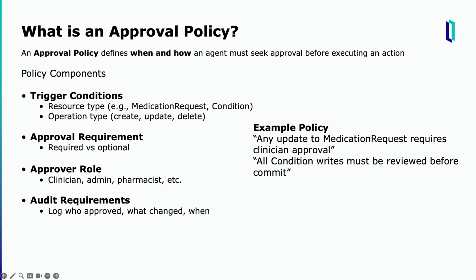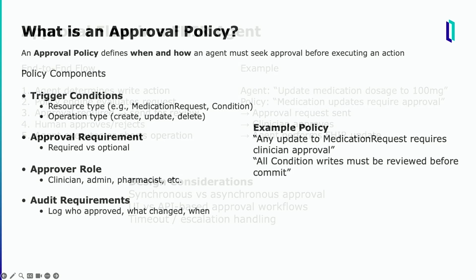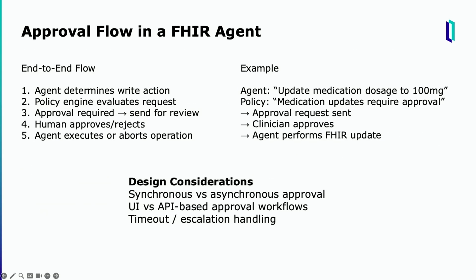So this is the governance layer that is separate from the model itself, because it is a safe architectural pattern. So this is full human in the loop. The agent proposes a write, the policy layer evaluates it, a request for approval is generated if needed, and the human approves or rejects it.